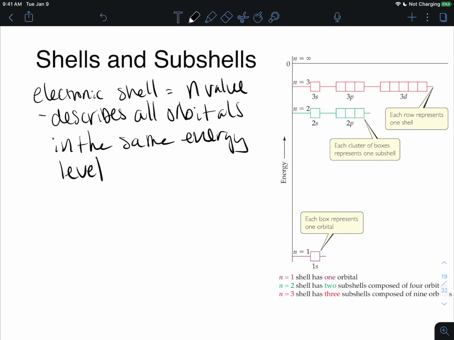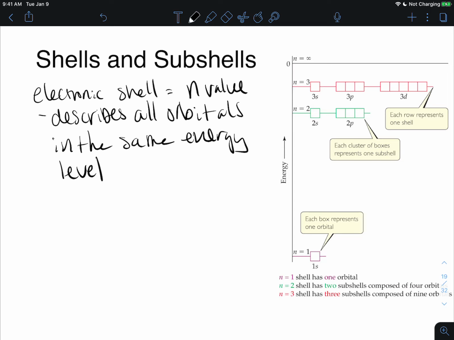Right, so all of these orbitals have the same energy value. All of the ones that are n equals 1, which is only 1, are in the n equals 1 shell. N equals 2, the orbitals that are contained in there are in the n equals 2 shell. We have an n equals 3 shell, so on and so forth.